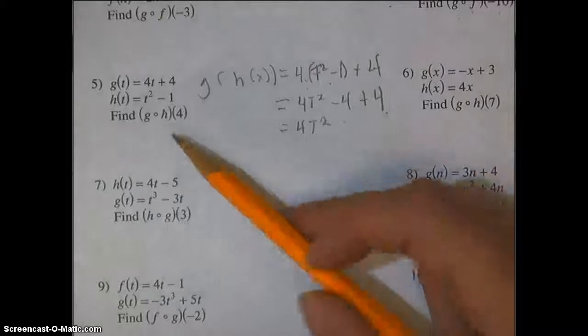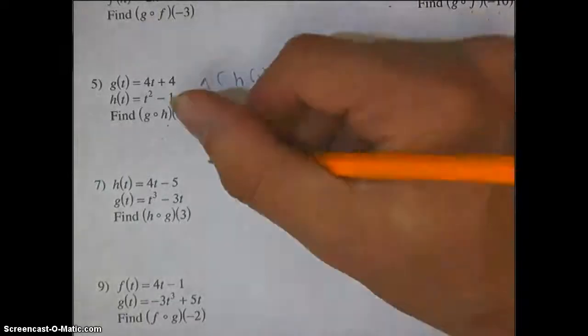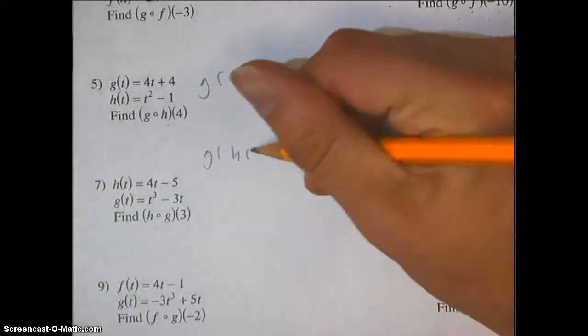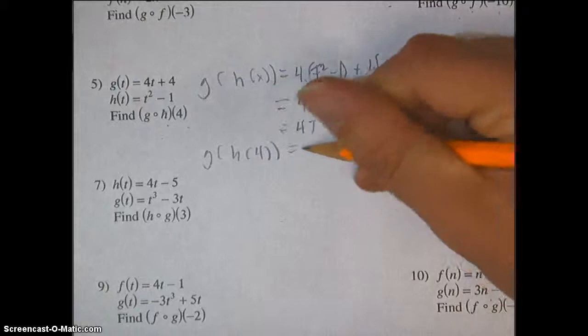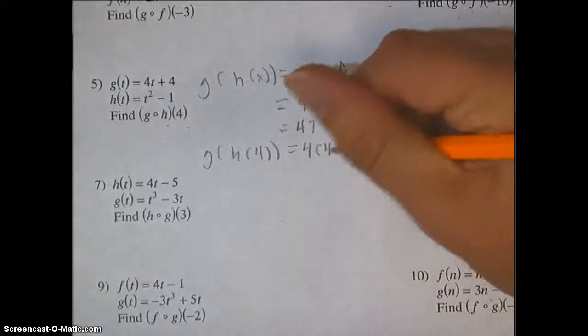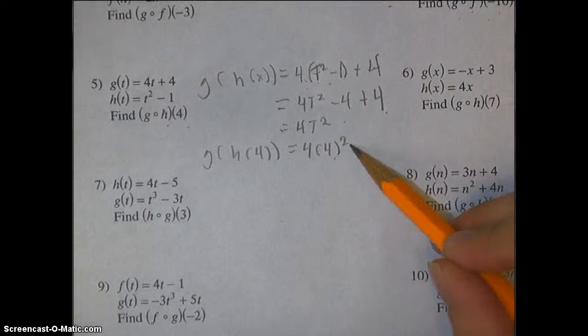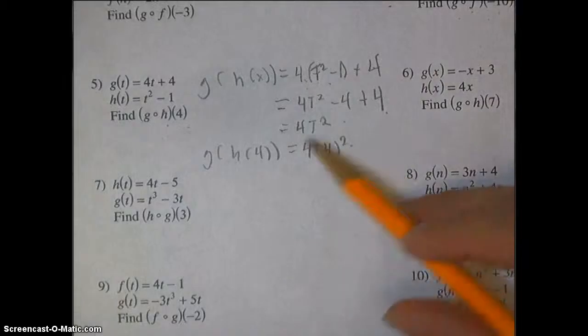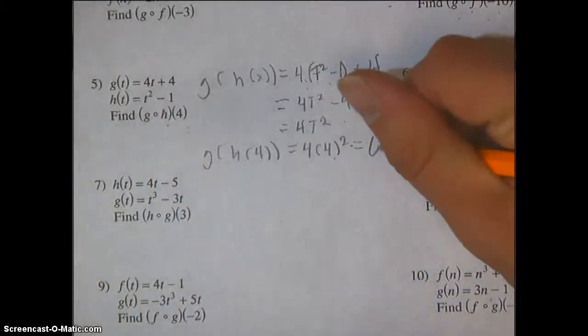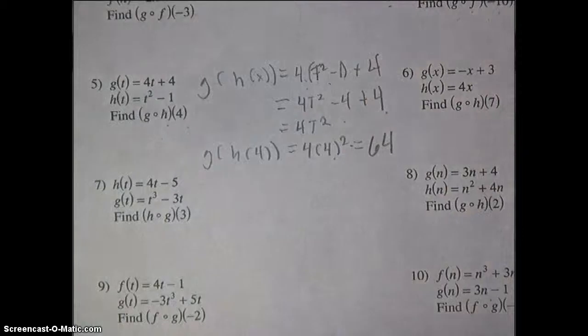So, if I want to know g of h of 4, I'm going to take that 4t squared and plug in a 4. So 4 squared is 16. 16 times 4 is 64. And that's it. That's how you do composite functions.